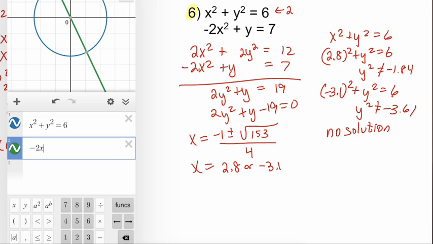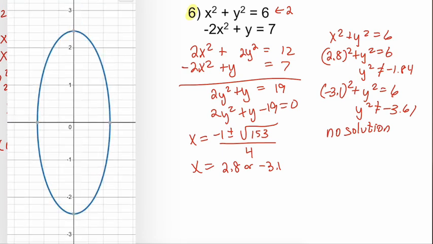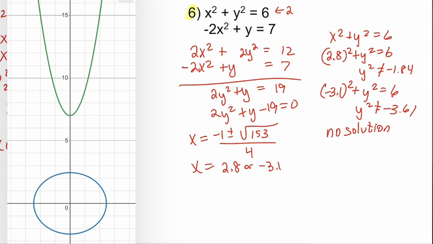So expect that you have to be very careful about what you're dealing with. Am I trying to take the square root of a negative? And so if we look at this, see what happens? The parabola is so high that it never touches the circle. And so that's why number 6, there is no solution.